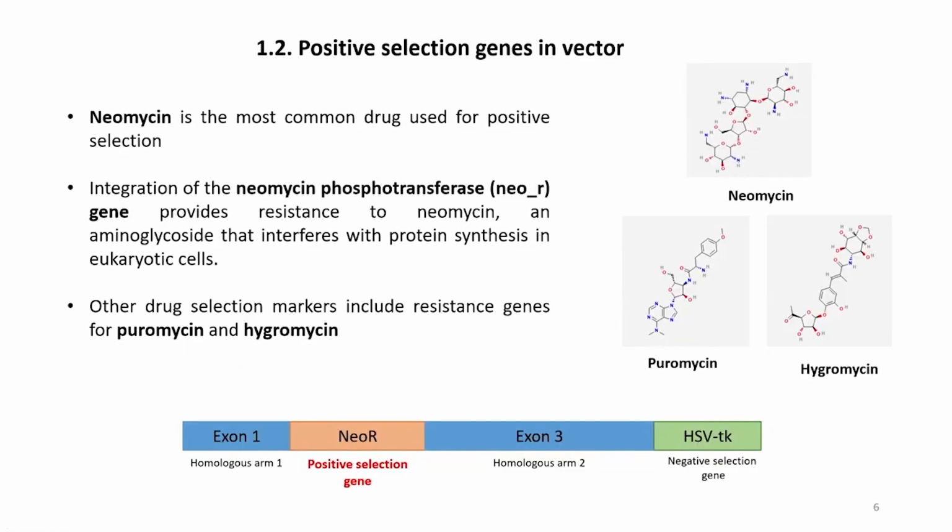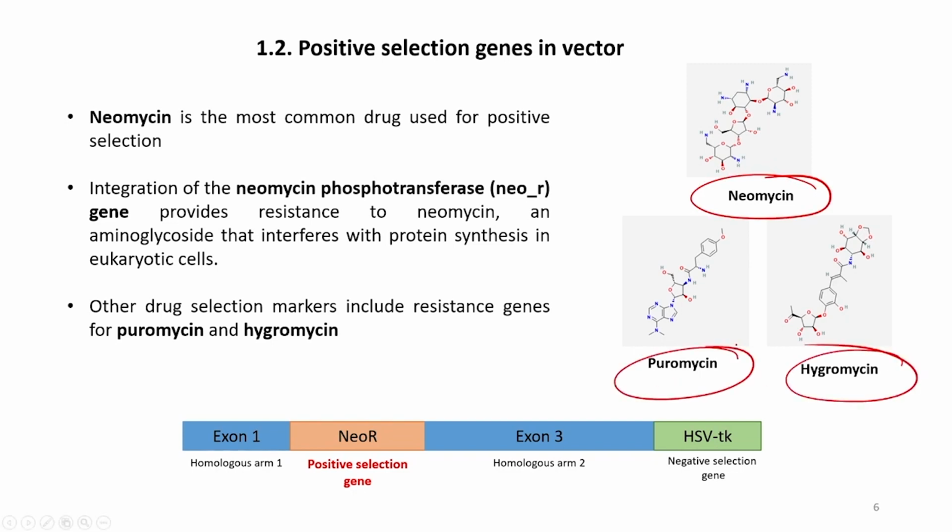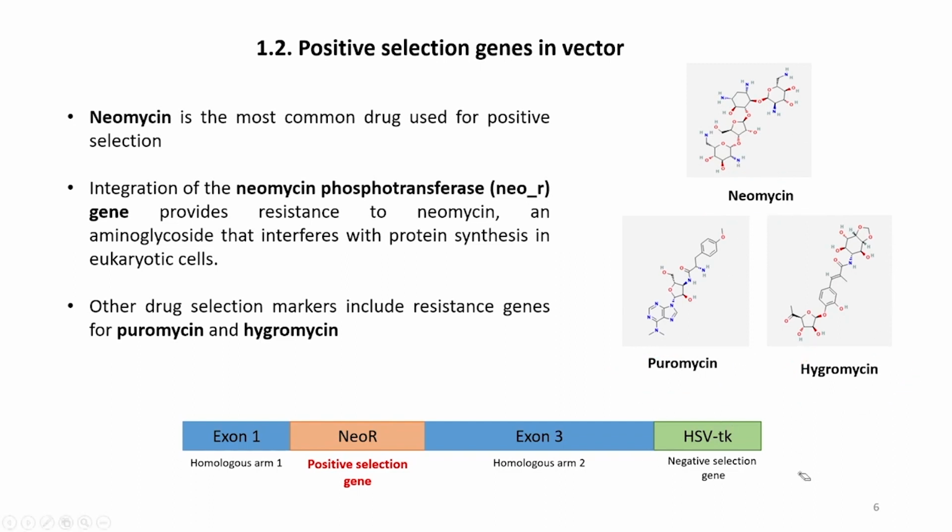Then let us discuss the positive selection genes in a vector. Basically we have various drugs which are used for this procedure, and these drugs may be neomycin, puromycin or hygromycin. In general, neomycin is the most commonly used drug for positive selection.